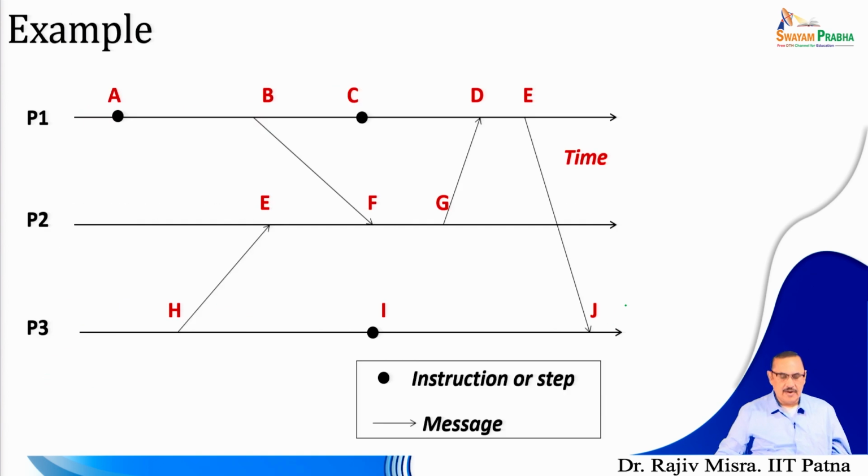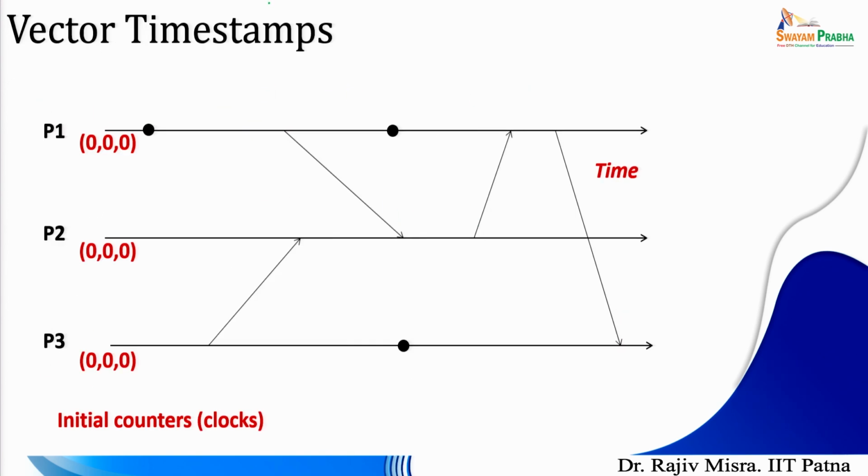So, let us see through an example. Here we have three different processes P1, P2 and P3. Therefore, their vector clocks will be initialized with 0 0 0 for all of them.